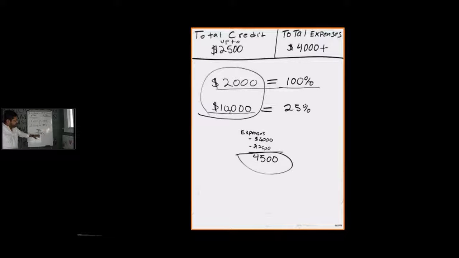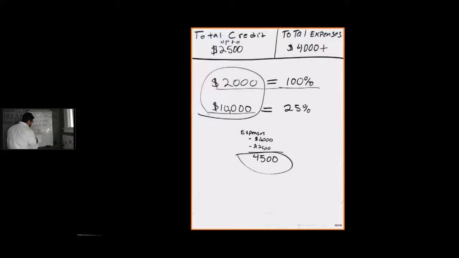So remember, when you go in the system, you're going to put in all the expenses as they are. So if the customer's qualified expenses were $12,000, you're going to put those expenses in there like that. The system is going to break it down and give you this number, and you're going to wonder why.